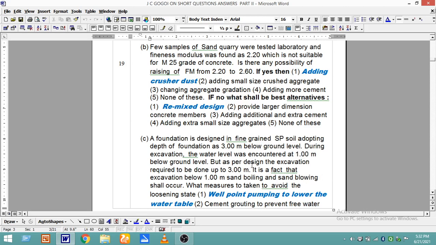But as per design, the excavation is required to be done up to 3 meter. It is a fact that when excavated below 1 meter, sand boiling and sand blowing shall occur. What measures should be taken to avoid the loosening state?